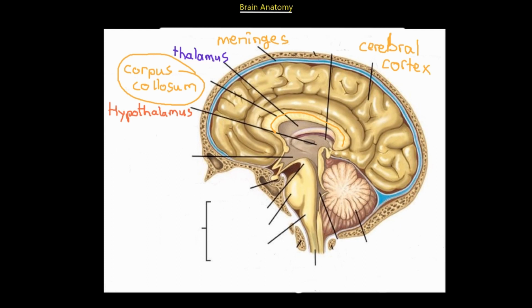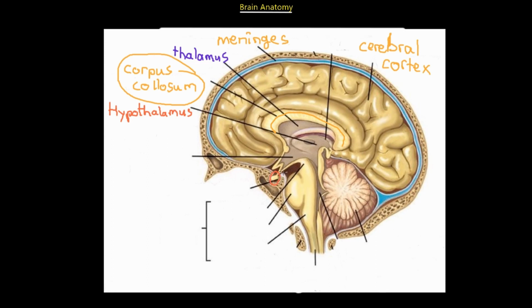It's able to release and stimulate the release of plenty of different hormones that would correspond to different types of stimuli. So the hypothalamus is very, very important, and it's a structure that we're definitely going to talk about a lot more further in the course.